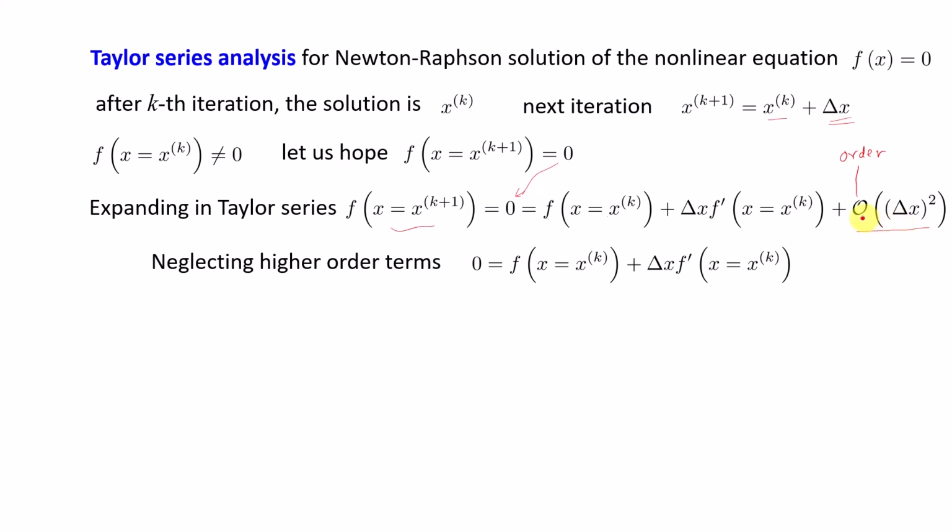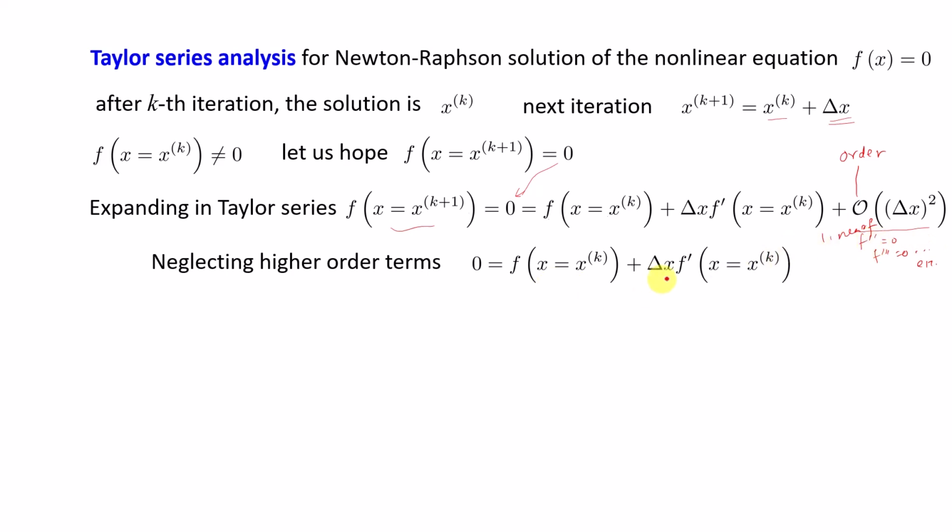If f is a linear function, then you understand that with delta x square by 2 there is f double prime, which will be 0 for linear f, and f triple prime will be 0, etc. So if f is linear, then f double prime, f triple prime, everything will be 0.